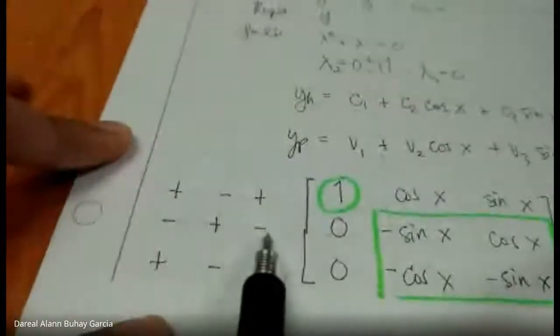So, sige, just for the sake of one illustration, let's pick this one. So, unsang sign ni element cosine? Negative. So, don't forget ha. So, negative ni si cosine.